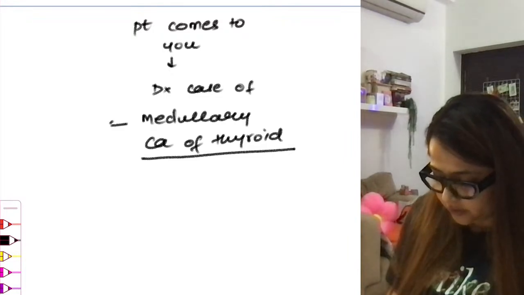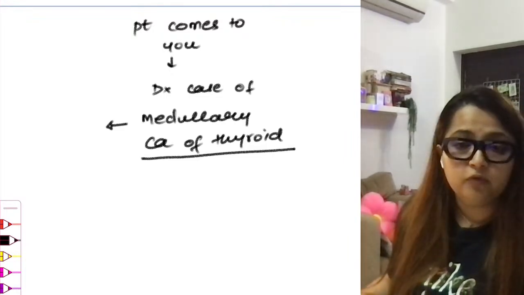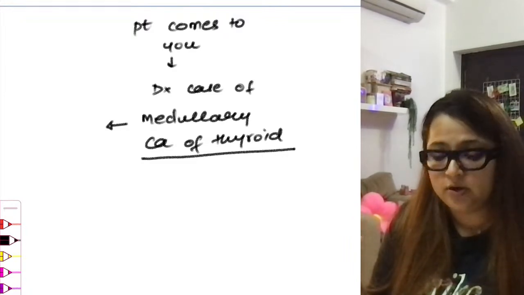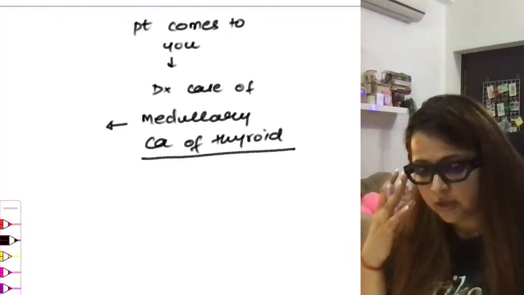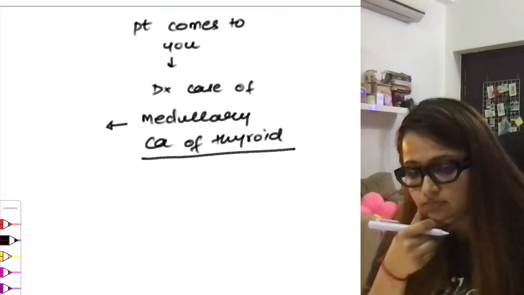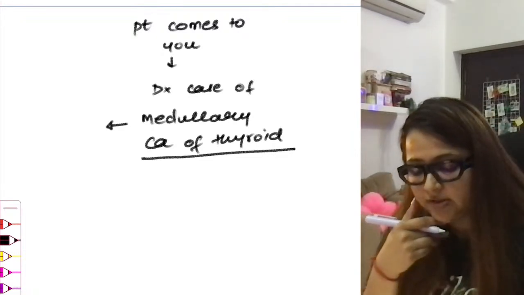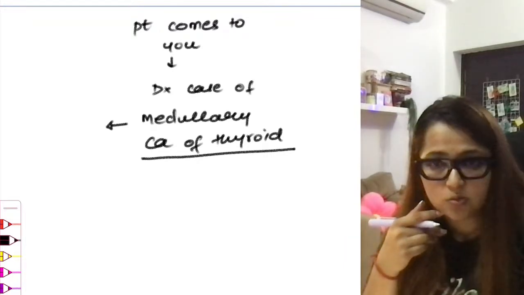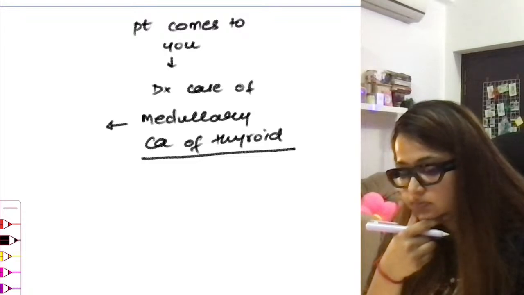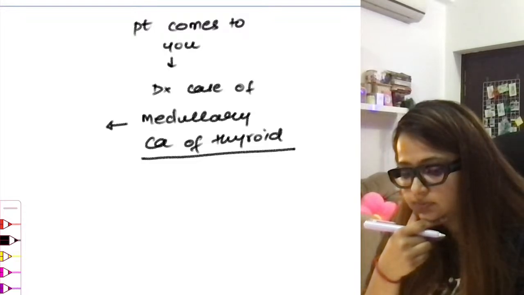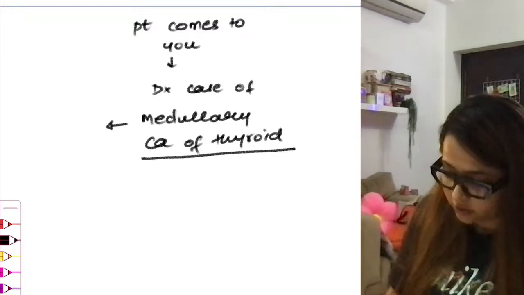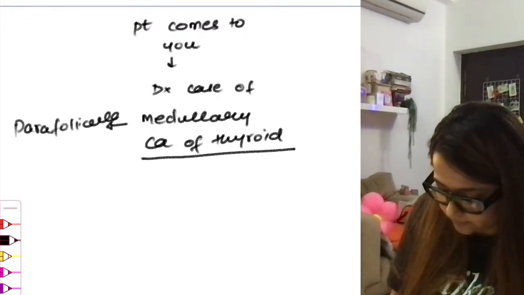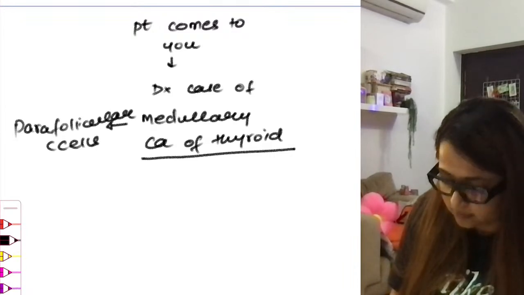First of all, you tell me from which cells medullary carcinoma of the thyroid arises. What is the cell of origin of MCT? Exactly, parafollicular C cells. The answer is parafollicular C cells.